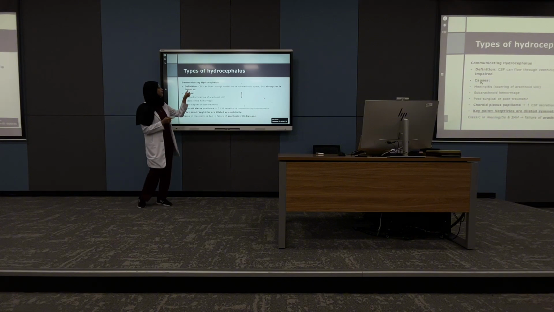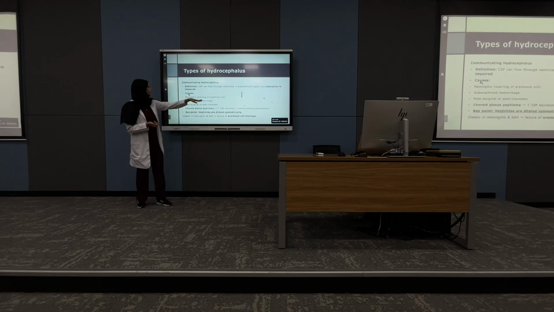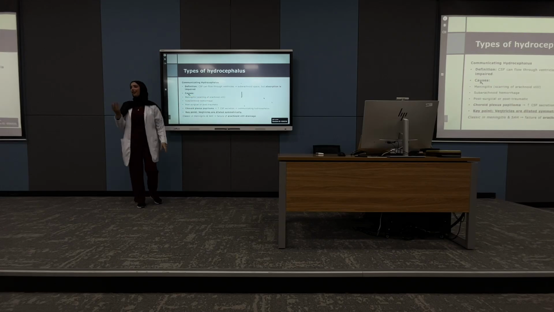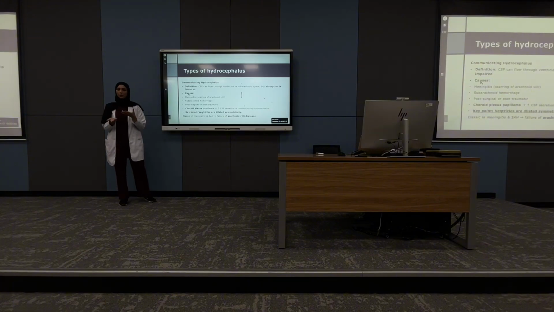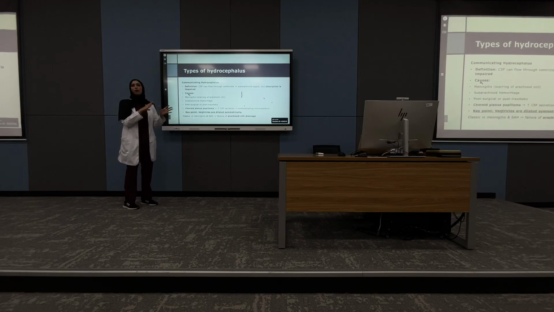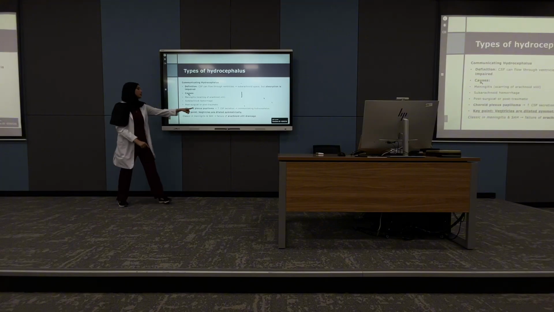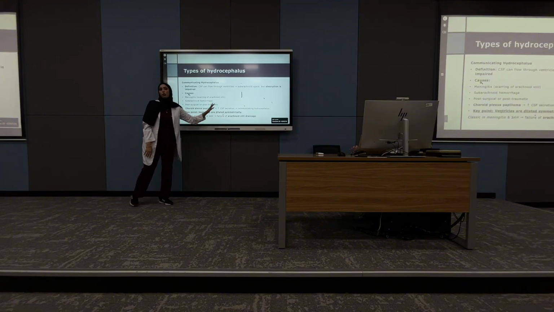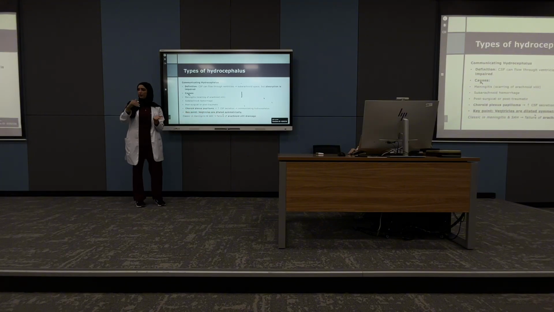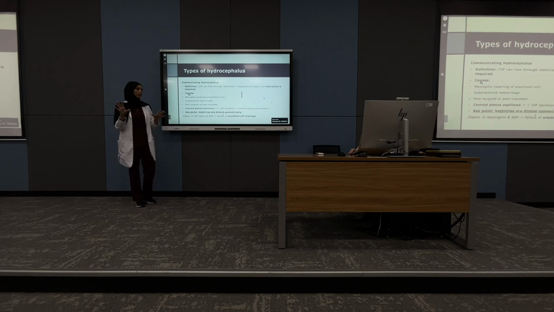Because the arachnoid villi are scarred, or they're not functioning properly, so they're not absorbing the cerebrospinal fluid as they should. So cerebrospinal fluid is going to accumulate all over the ventricular system. A key point here is that it will be dilated symmetrically. So it will be dilated in the lateral ventricles, and third ventricle, and the fourth one, all over.